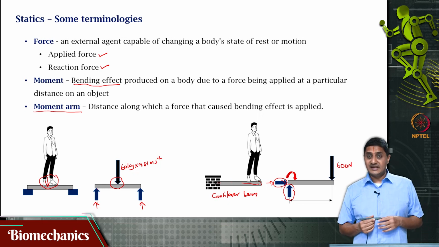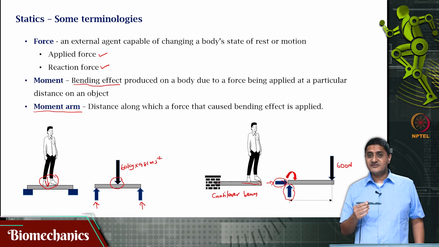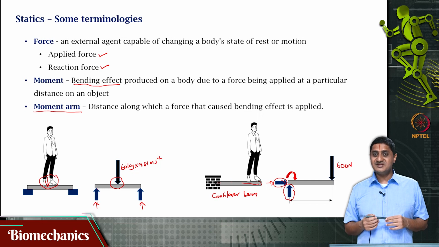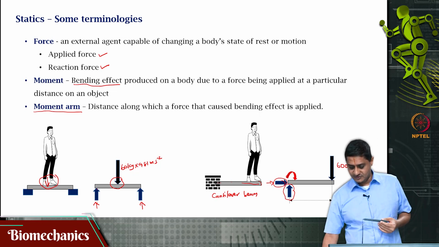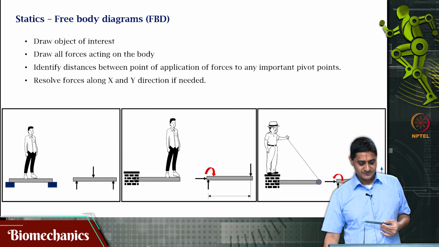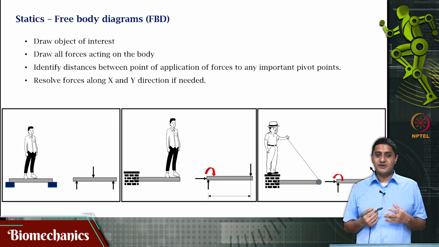Because this cantilever beam will not allow movement in specific directions and will not allow rotations in specific directions. Based on that, we classify which particular object has what degrees of freedom, and based on that we draw the free body diagram. We know this from physics and basic mechanics. So, how to draw this free body diagram?